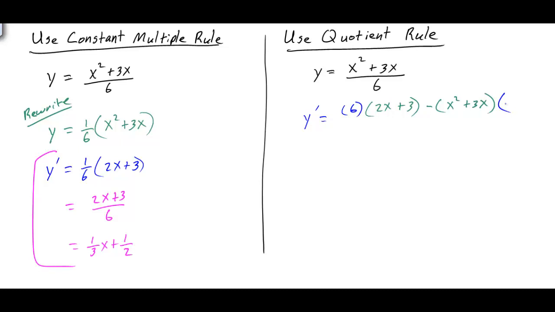Derivative of 6 is 0. And this is all divided by the bottom squared, so that's 6 squared.